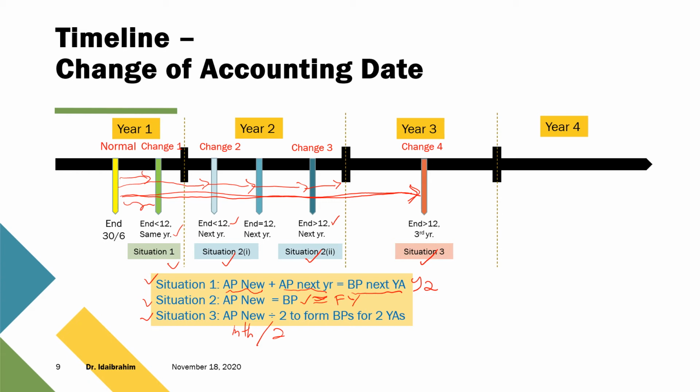Okay, so it will make 2 basis periods for 2 YAs, which means that for YA2 and YA3. Okay, you can see now the accounting period has been divided into 2 basis period. One in year 2 and the other one is in the third year. So in this case, we'll settle the problem for that company to pay tax in year 2 and year 3.